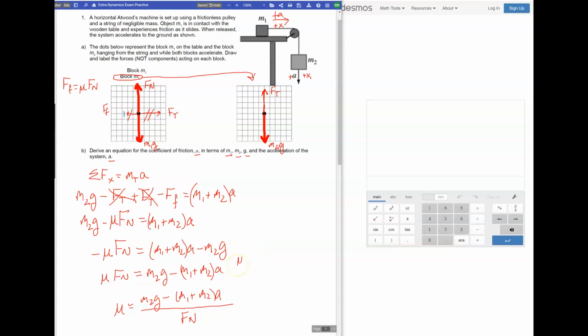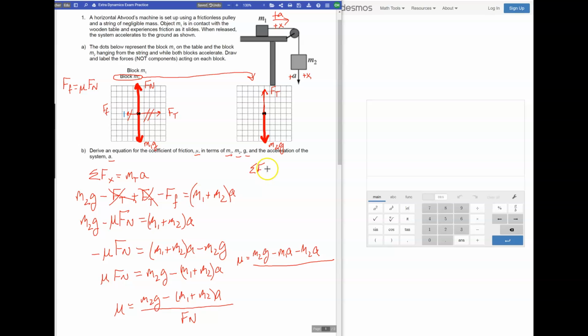So now mu is equal to M2G minus, and then this is M1A minus, because it's negative here, that's minus M2A, divided by, so on the bottom, Fn, remember, is equal to M1G.